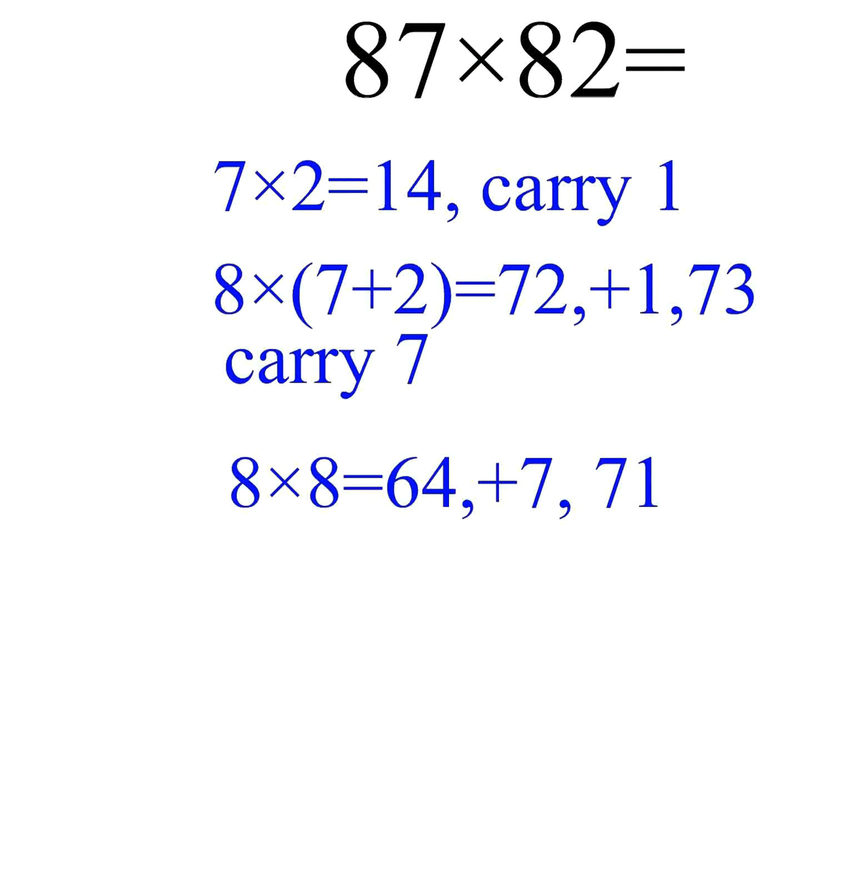So the answer would be 71, and we write down the ones place of 73 of the second step next to 71, and finally we write down the 4, the ones place of the first step. This is our answer.